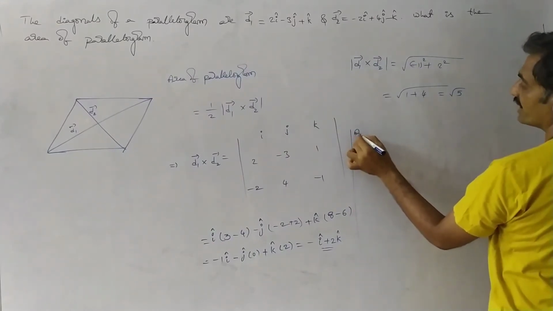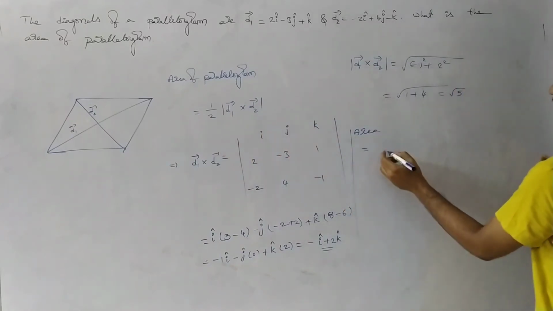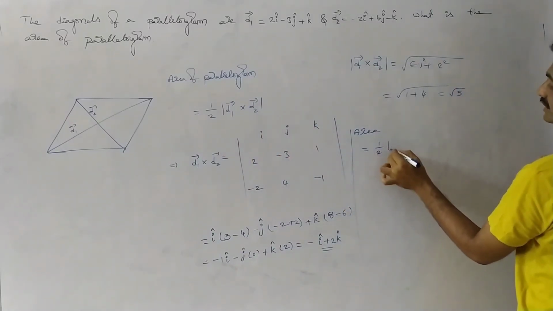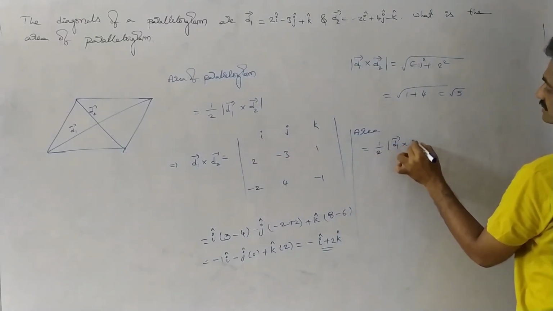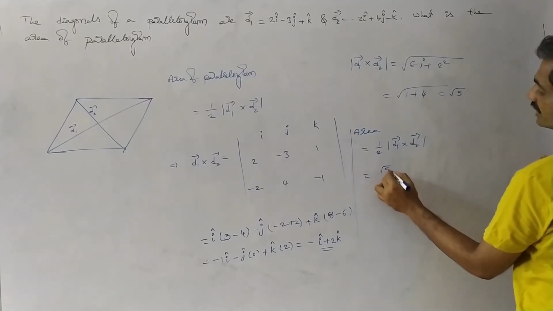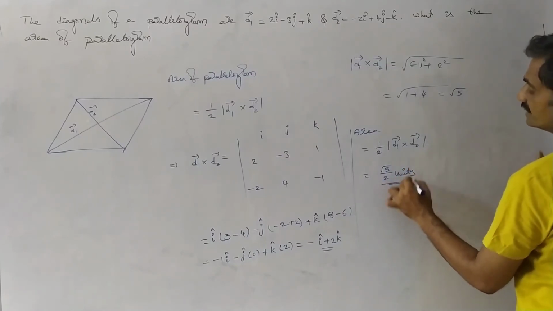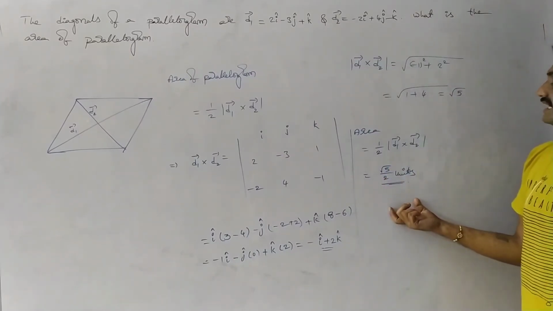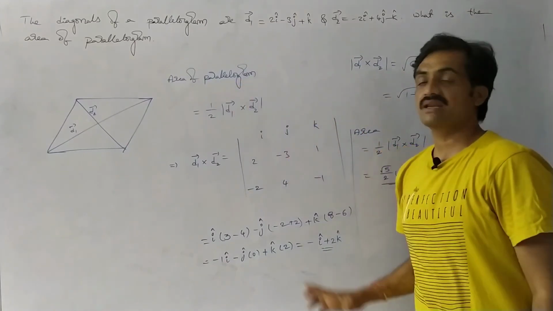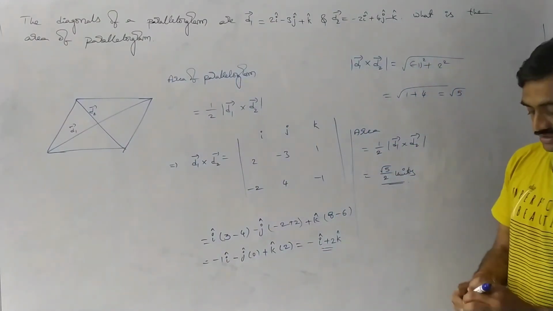Then the area of the parallelogram is 1/2 into mod of d1 cross d2, which is root 5 by 2 units. Root 5 by 2 units. So this is the area of this parallelogram based on the diagonals. So take a screenshot.